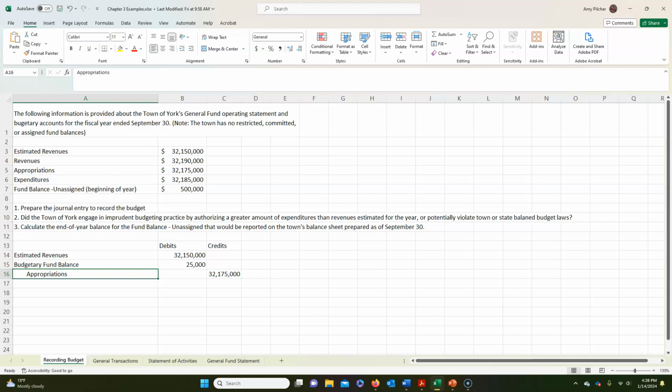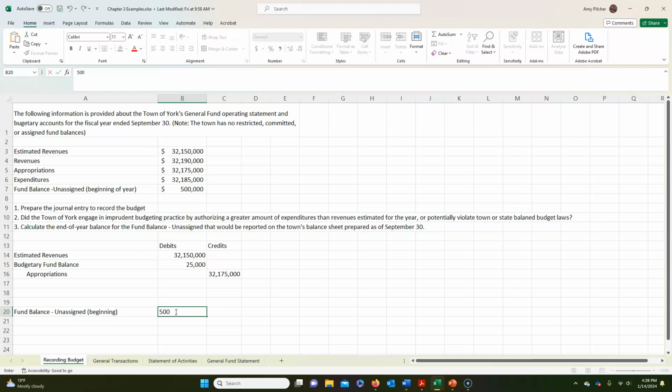So we have our fund balance unassigned, beginning balance of $500,000, and this is not subject to the debits or credits. This is just kind of a statement reporting.